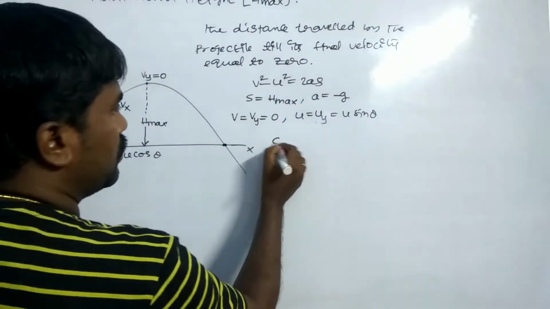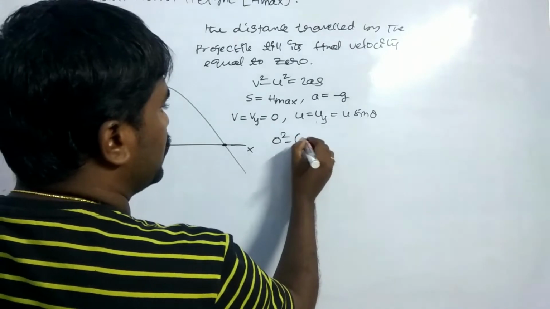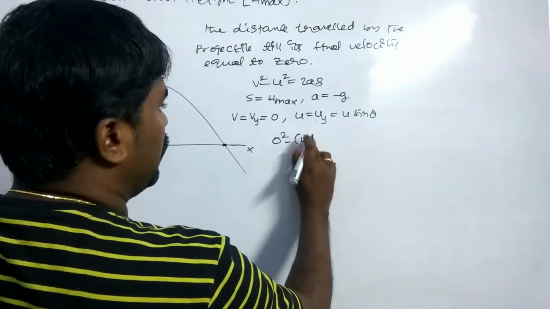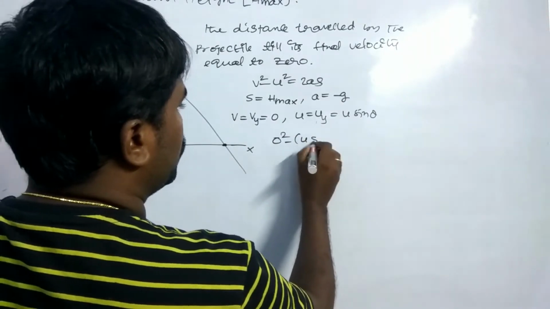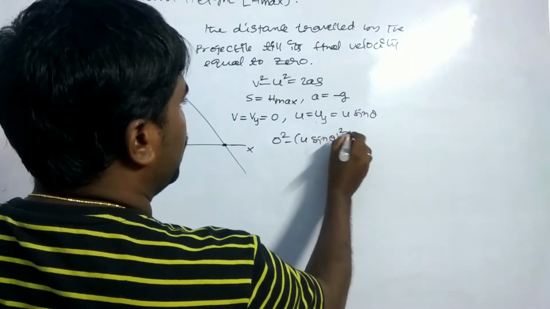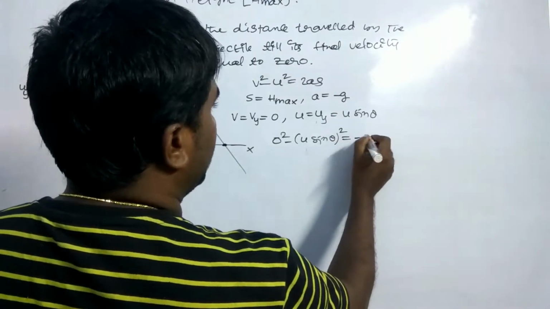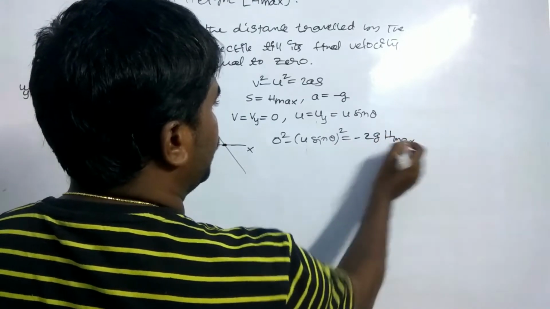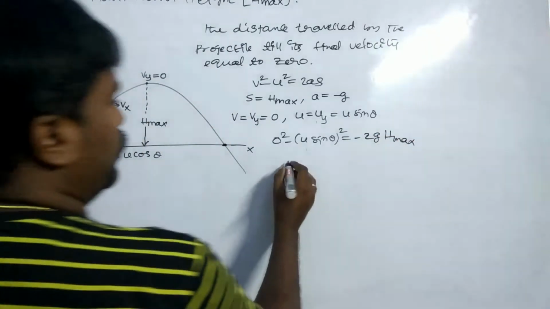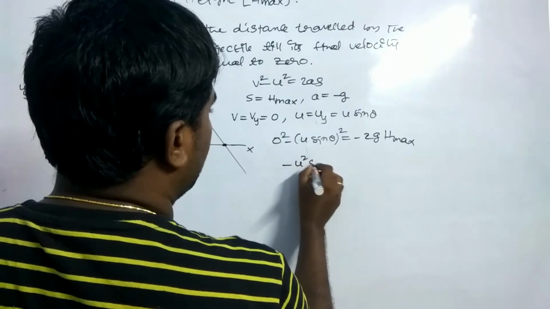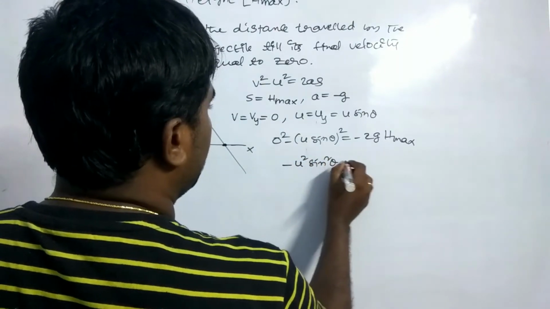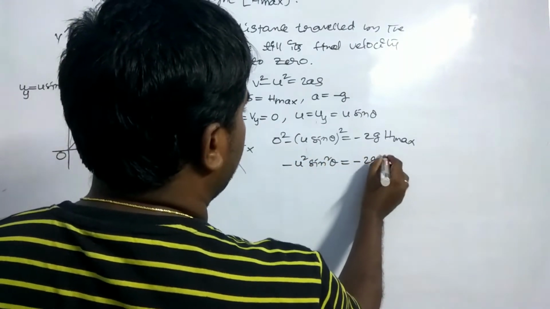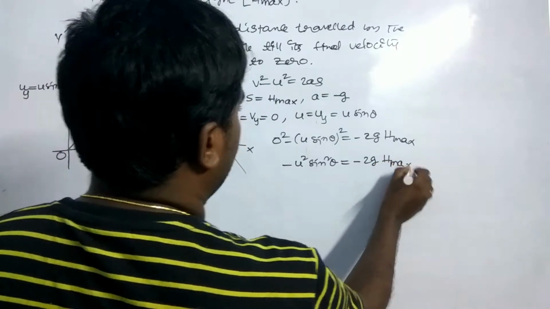From v square, we get 0 square minus u sin theta whole square is equal to minus 2g h maximum. We need to find the h maximum value, where minus u square sin square theta is equal to minus 2g h maximum, right?